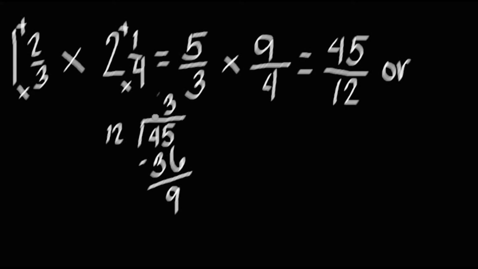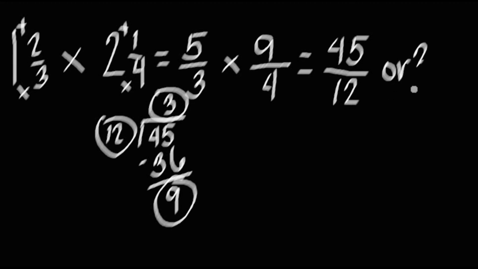Consider these 3 numbers here: 3, 12, and 9. Which among these 3 numbers is our whole number for our final answer? Yes, the quotient, 3. We have 3.